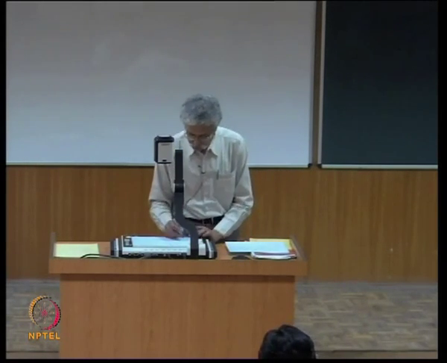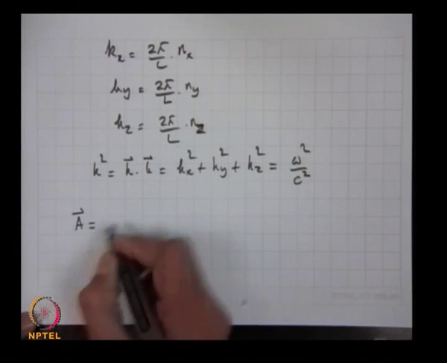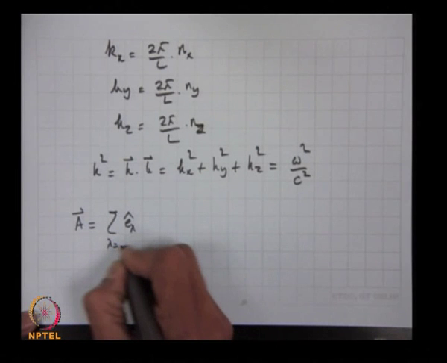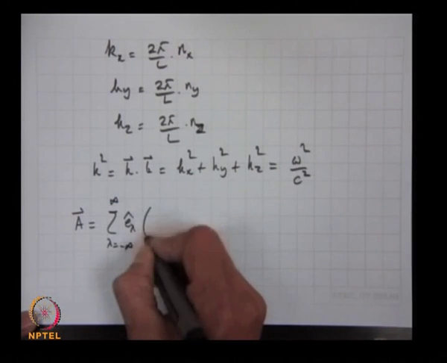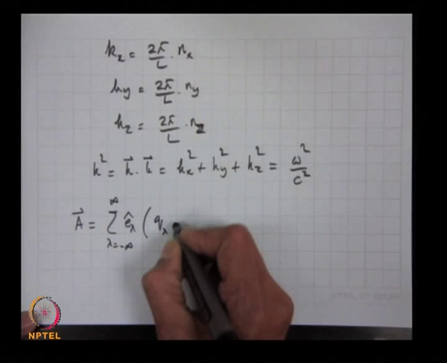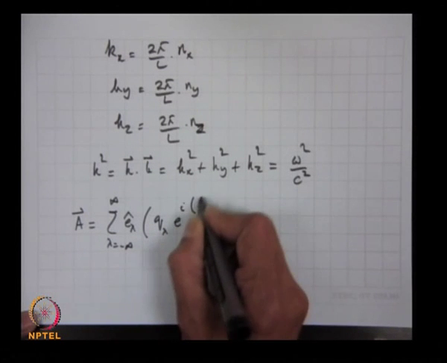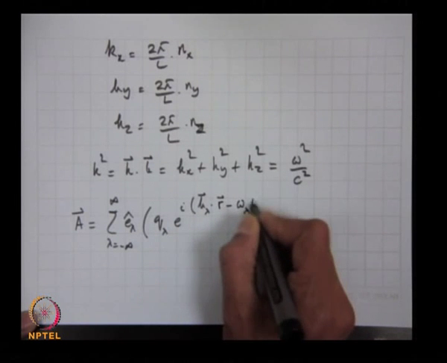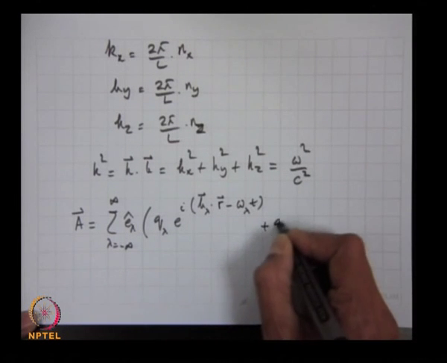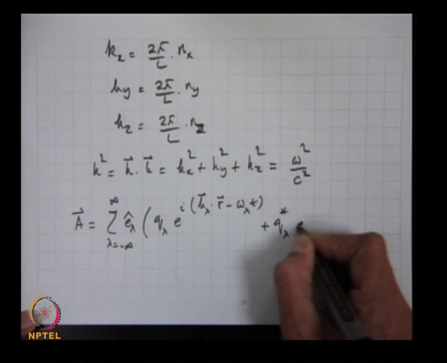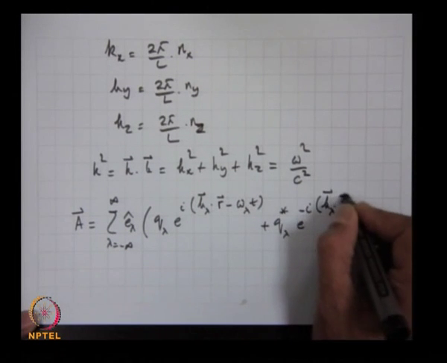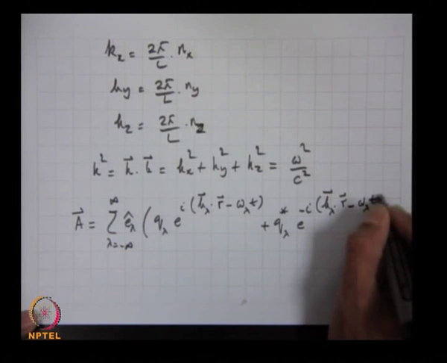So, we wrote, for example, the vector potential A as the sum over lambda, from minus infinity to plus infinity, of e lambda into q lambda exponential i (k lambda dot r minus omega lambda t) plus q lambda star exponential minus i (k lambda dot r minus omega lambda t).